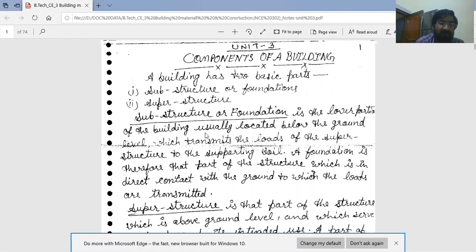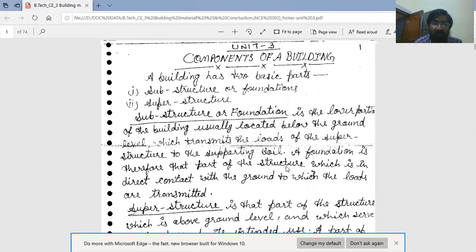First, substructure or foundation is the lower portion of the building, usually located below the ground level, which transmits the load of the superstructure or building to the supporting soil.